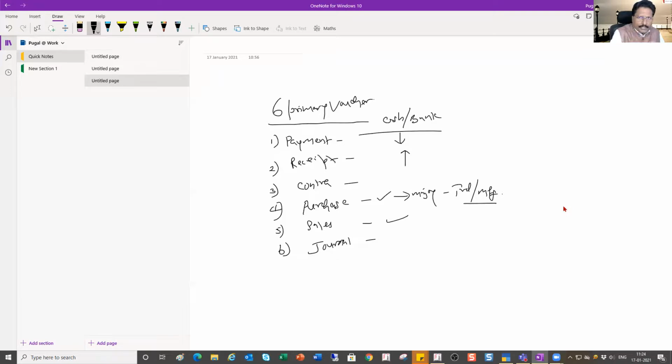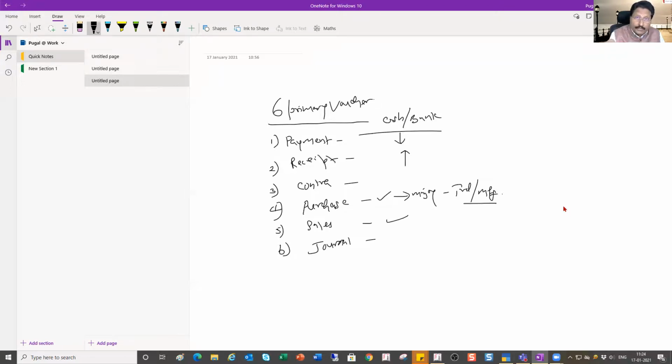But let us say you are buying stationery for your office from your regular stationer on credit. You are not making payment immediately, and you should not account for that as part of your purchases.